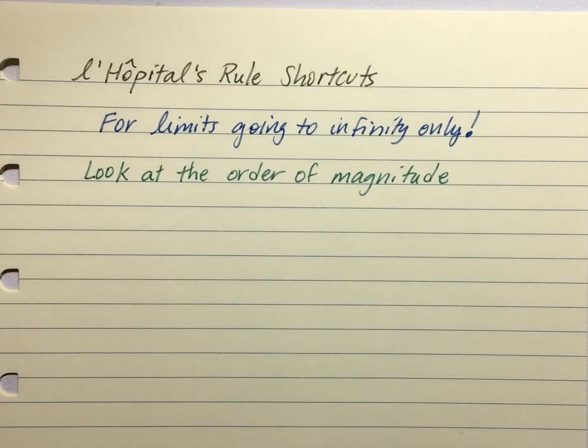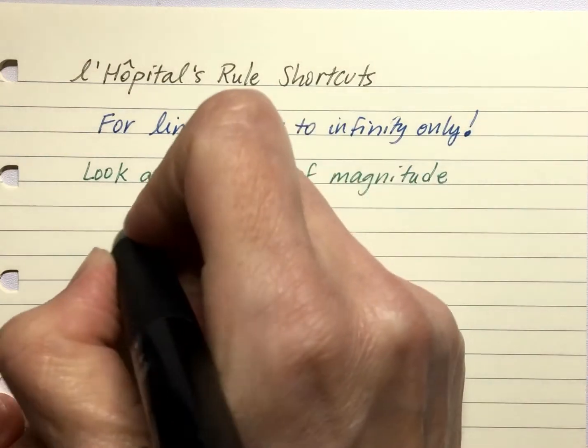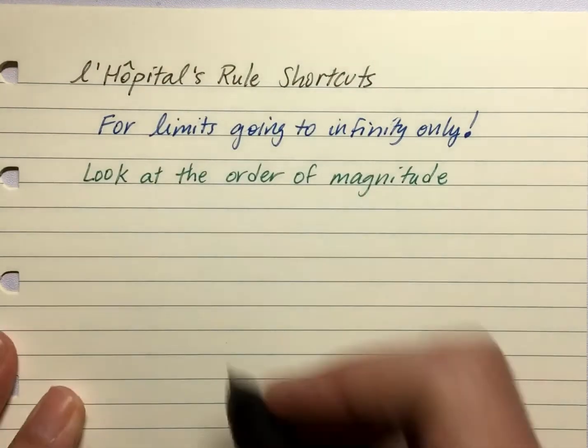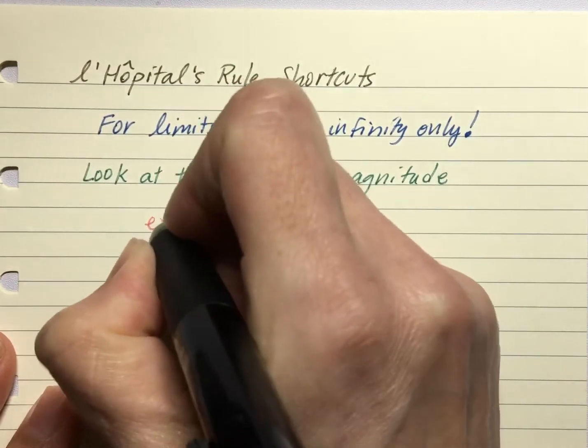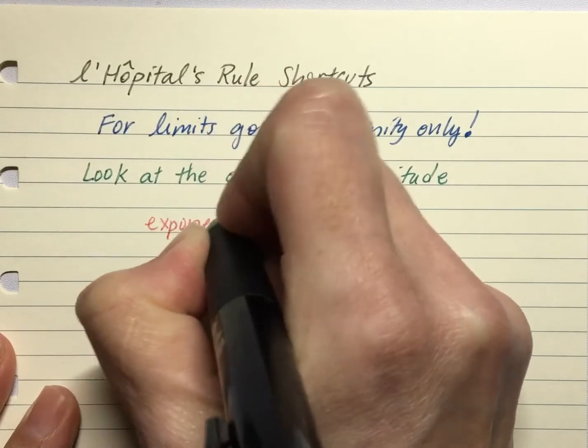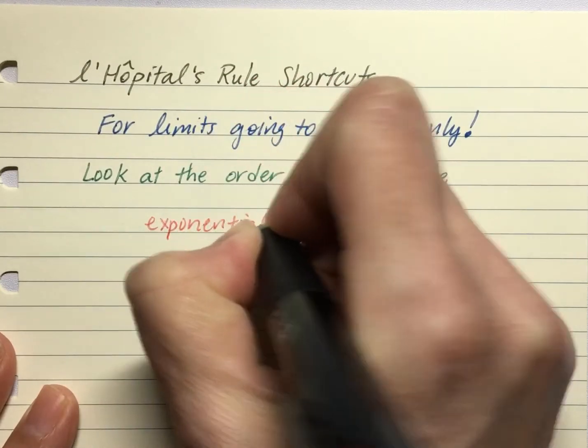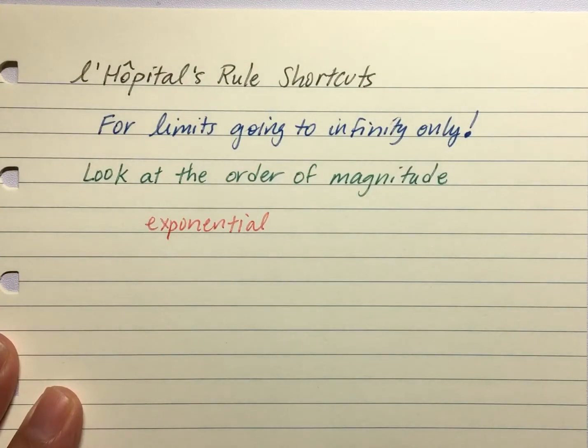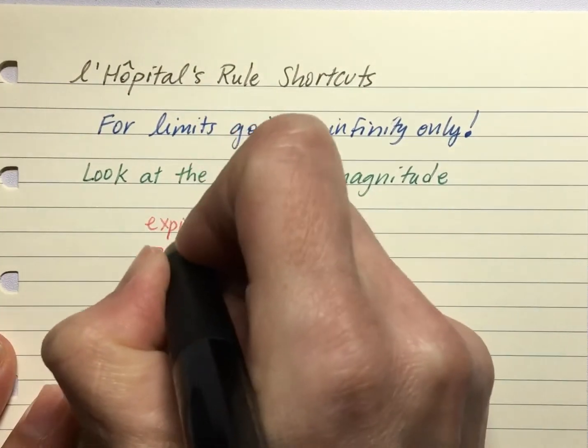For example, an exponential function, like e to the x or b to the x, any number to the power of x, is going to grow faster than any polynomial.